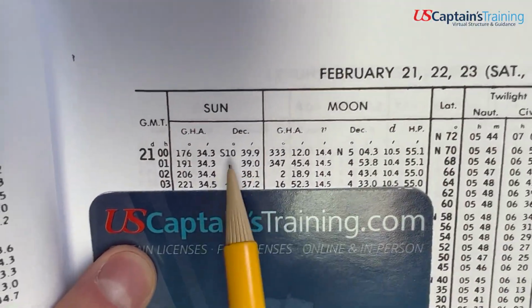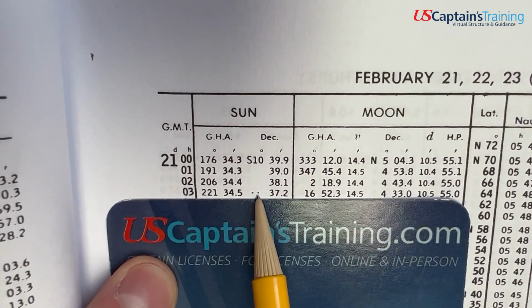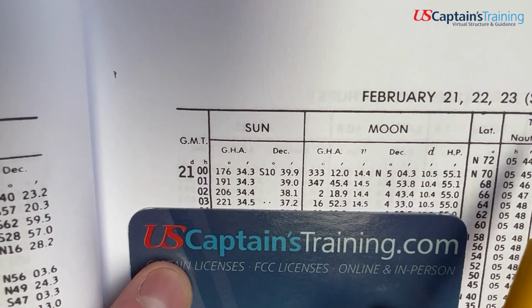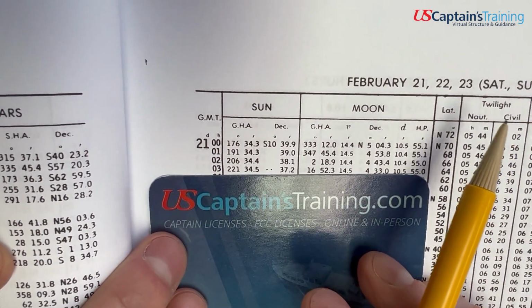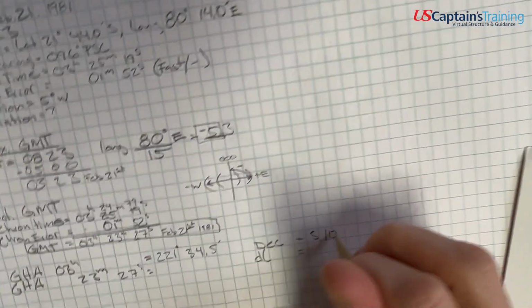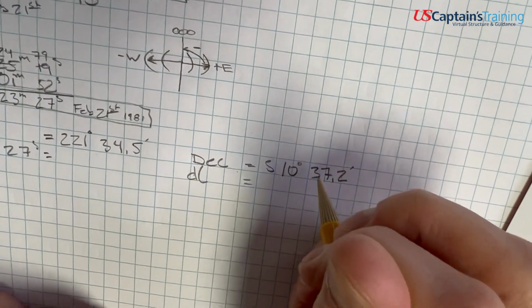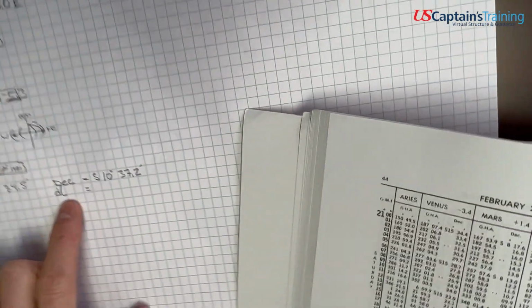See the south? You bring that down. It's kind of implied. South 10, 37.2 minutes.